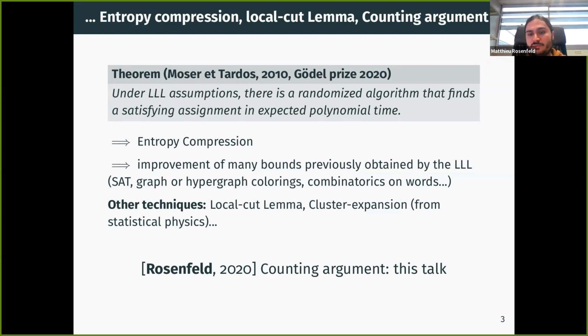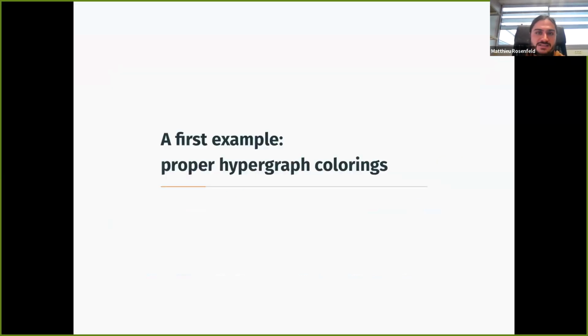But somehow people failed to generalize it. And it's actually not that hard to generalize this technique to graphs or hypergraphs or SAT or anything like that. So in the next slides, I will present this counting argument by applying it to two different problems.